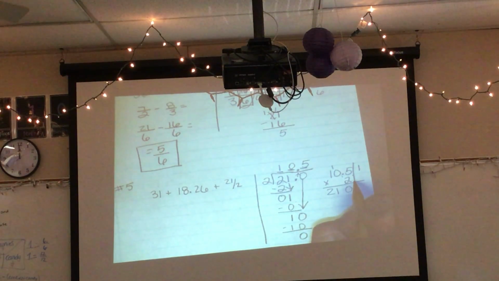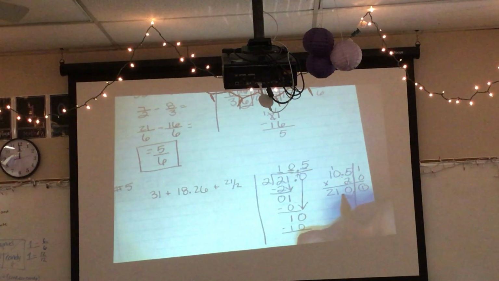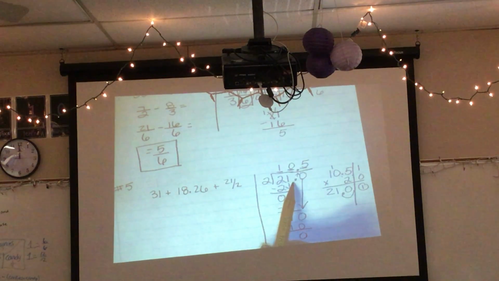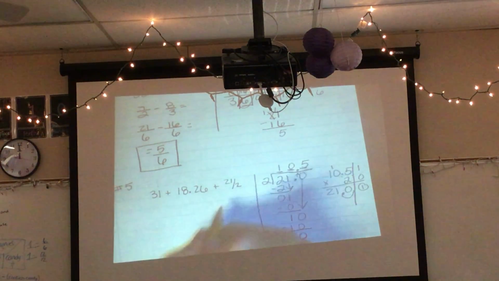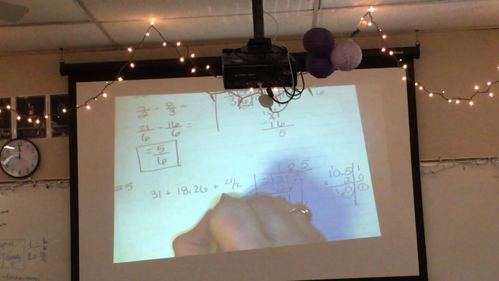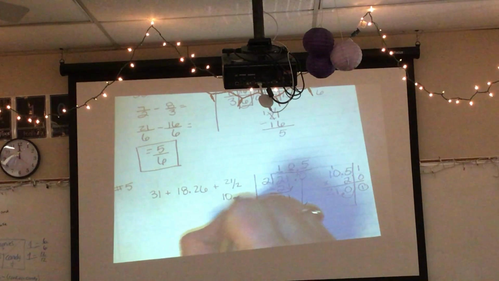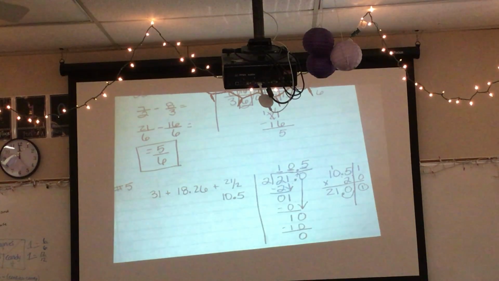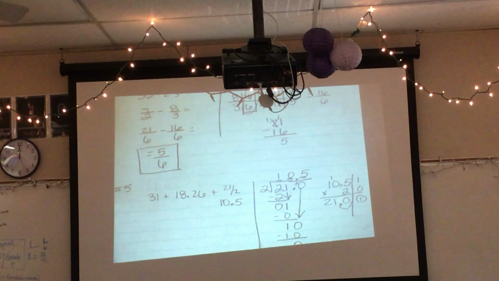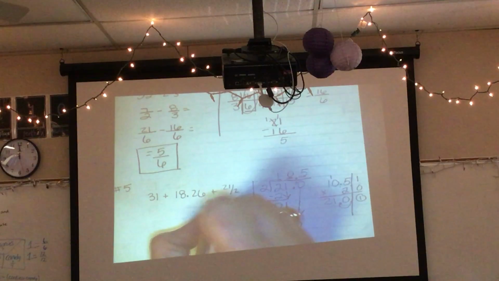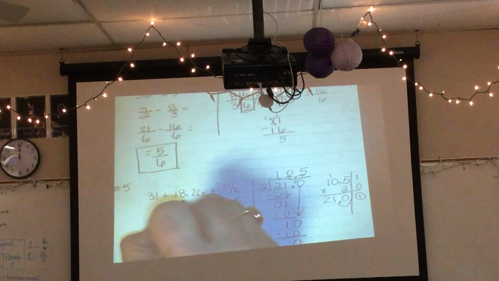What about this one? 0. Okay, so I'm moving it over a total of 1. Does that give me my dividend? Yes. So I'm replacing 21 halves with 10 and 5 tenths. Very good. Bring down the rest of the problem.